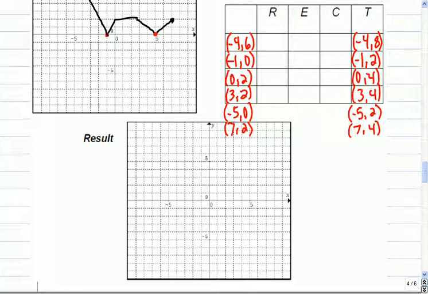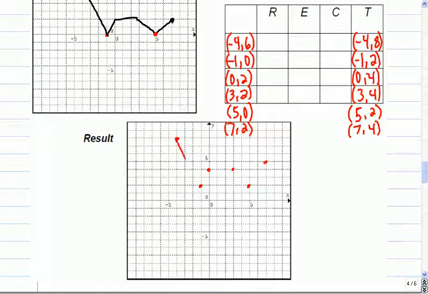So I'll just show you where the final graph ends up. That's -4, 8, -1, 2, 0, 4, 3, 4, and that should be a +5. So this will be at 5, 2, and 7, 4.